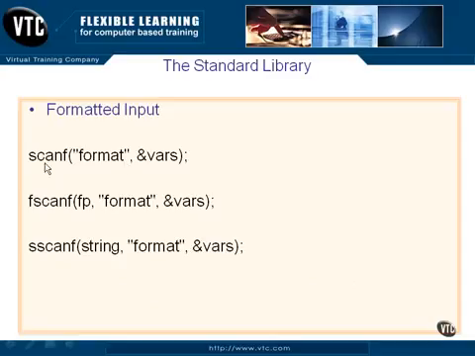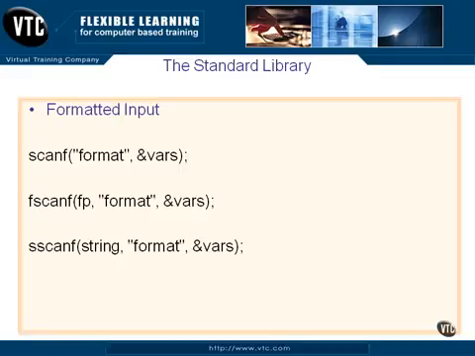Formatted input, we saw scanf, and scanf takes a format string, %s, %d, and so on, whatever it's going to be reading in from standard in, and it assigns the replacement values that it's reading in into these variables. Now, I put an ampersand here because these all have to be pointers. We have to provide pointers, addresses of the variables, not just the variables themselves, because those would be the values of the variables.